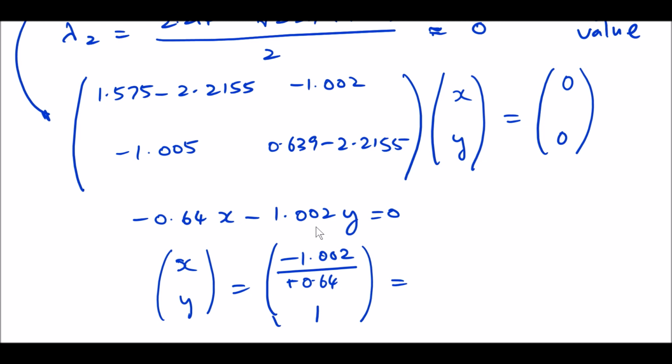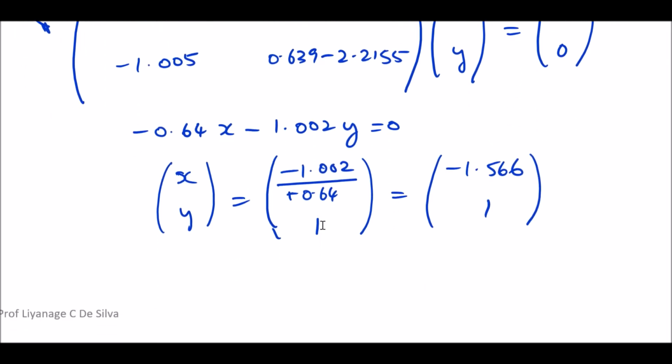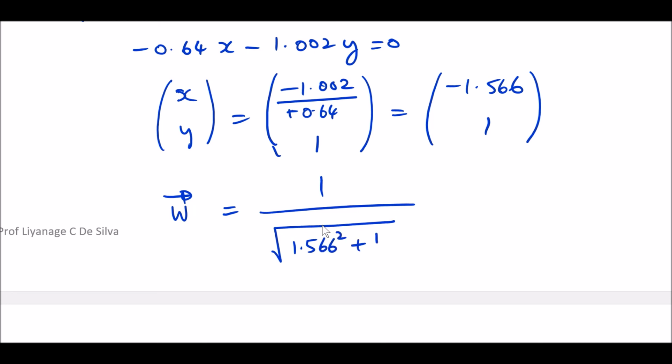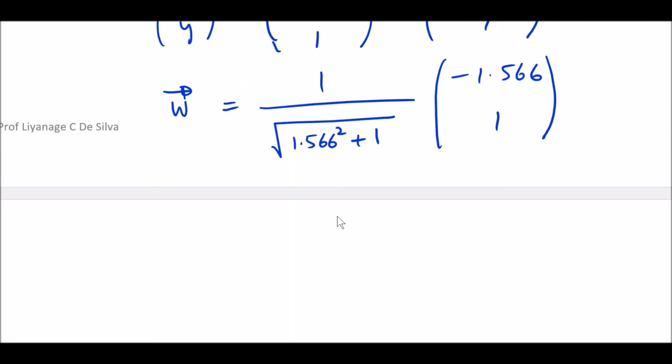So when you cross multiply, you get the same value. So you get minus 1.5661, which is not a unit vector. So what we now do is to find out the unit vector. That means to find out w, which is the maximum linear discriminant direction, given by 1.566 squared plus 1 and then minus 1.5661, which is a linear unit vector.